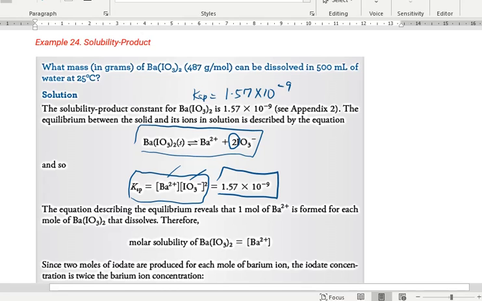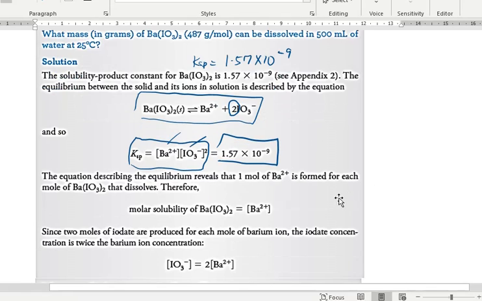That for every 1 barium, you have 2 iodate ions. Okay? So, it's very important to remember that you use the stoichiometric coefficients. Alright?